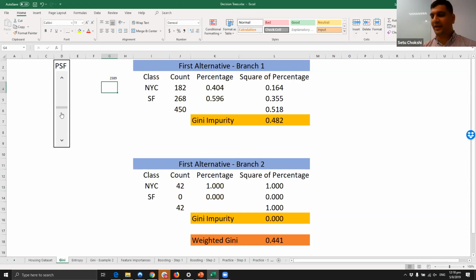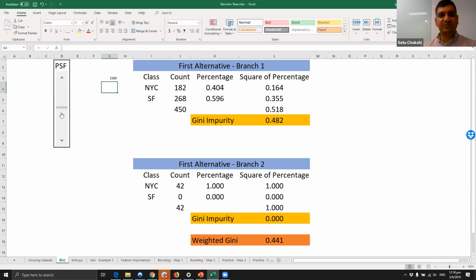So I'll pick one. And for each of those splits, for a given feature, I am going to calculate the weighted Gini index, and then pick the split that gives me the lowest value. Let me repeat.